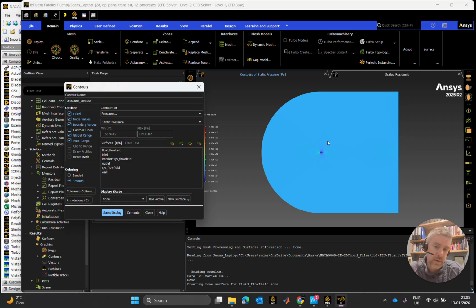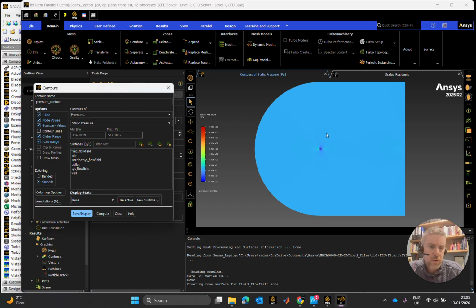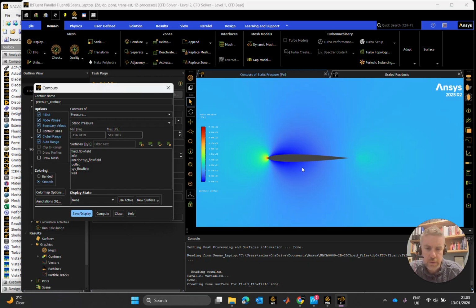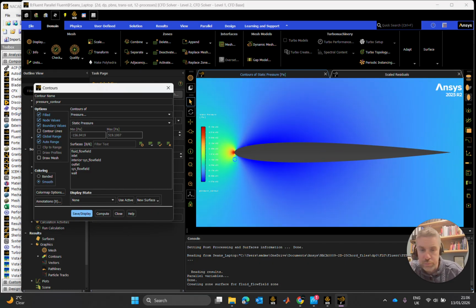At the outset and at this scale, it looks to be a fairly uniform pressure in the flow field, and that of course is the case until we zoom in and we see the surface that's exerting a dynamic influence on the flow around it. So what we see here is the NACA 0009 airfoil profile, and its effect on airflow around it with respect to pressure.